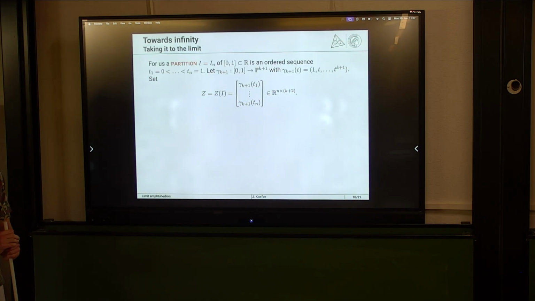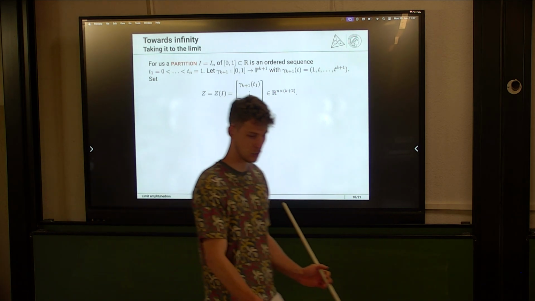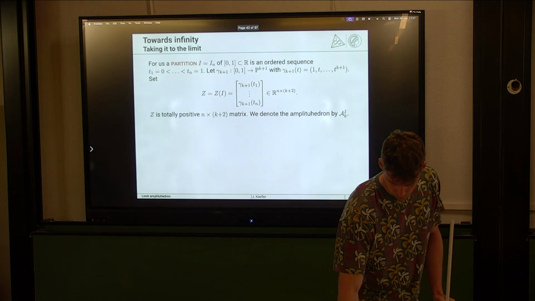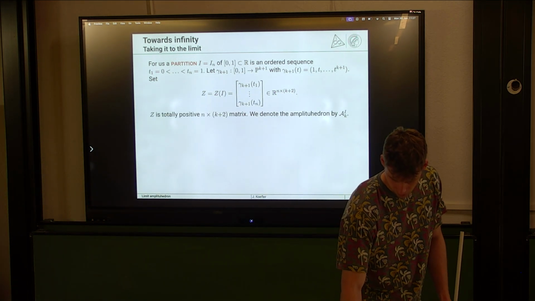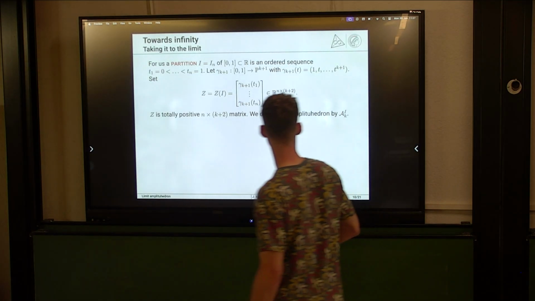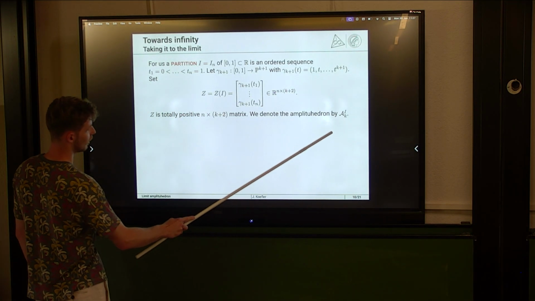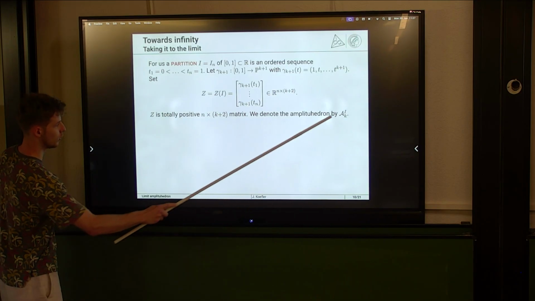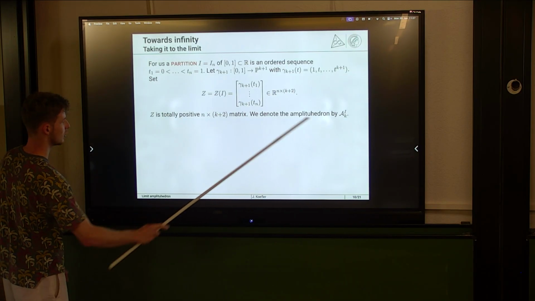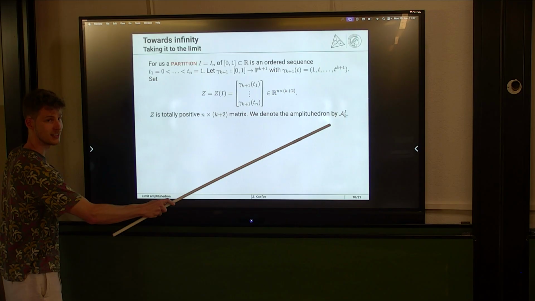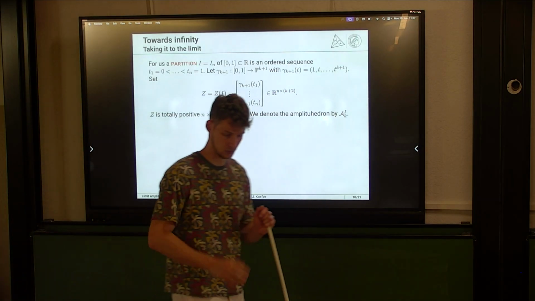And since this is a Vandermonde matrix, this is actually a totally positive matrix, so we can use this to define the amplituhedron. This amplituhedron is then denoted by A_k^I. Now the dependence on the Z matrix is more or less explicit in our notation, so this is important for us.